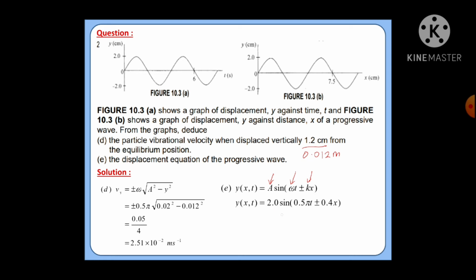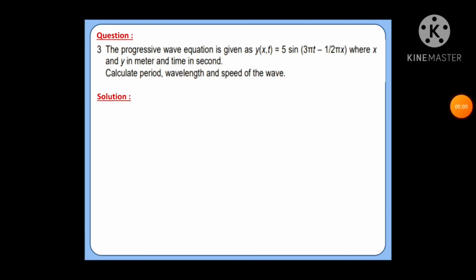Substitute the values for A, omega, and k inside the equation, and we have written down the equation for the progressive wave. But don't forget to write down the unit, where x and y are in centimeter and t is in second.